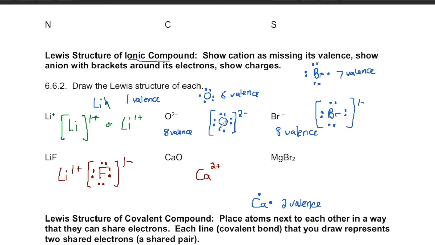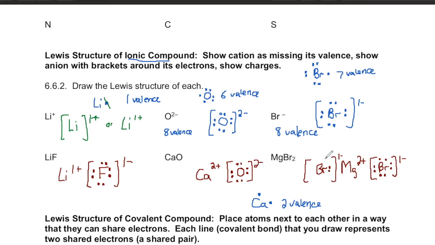And then the oxide, we've already seen up above. Oxide ion with a -2 charge has a full set of 8 valence electrons. Magnesium with a +2 charge would be drawn in a similar way to calcium. And then each bromide ion would have a full set of 8 valence electrons.